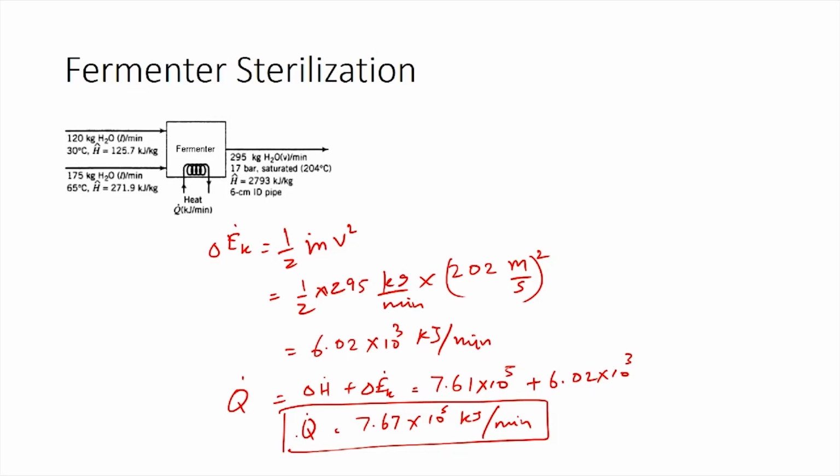This indicates that for a thermodynamic process where there is change in temperature or phase, the change in specific enthalpy or change in enthalpy is a lot more significant than change in kinetic energy. That is why in many cases we tend to ignore change in kinetic energy while we perform calculations. So, here we have been able to calculate the total heat even by accounting kinetic energy, which accounted only for about 1% of the final answer.